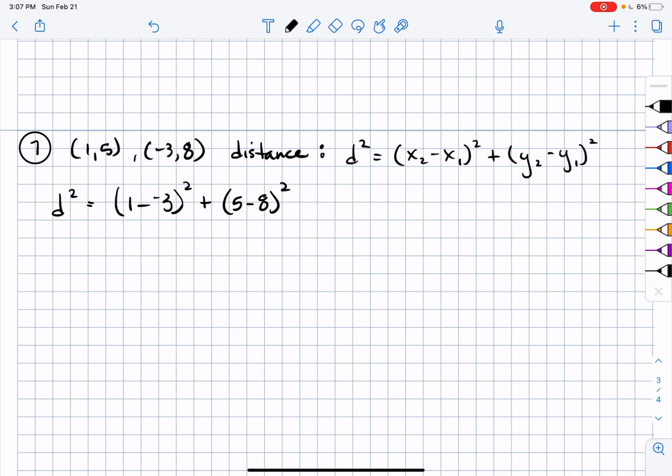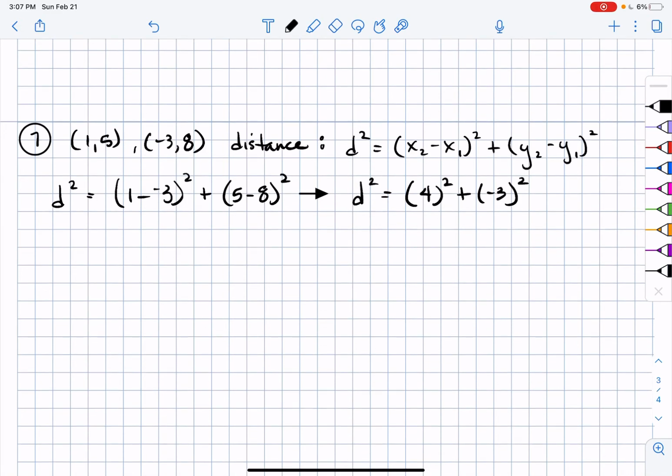Okay, so that tells me that d squared is equal to 4 squared plus a negative 3 squared, which is equal to 16 plus 9.